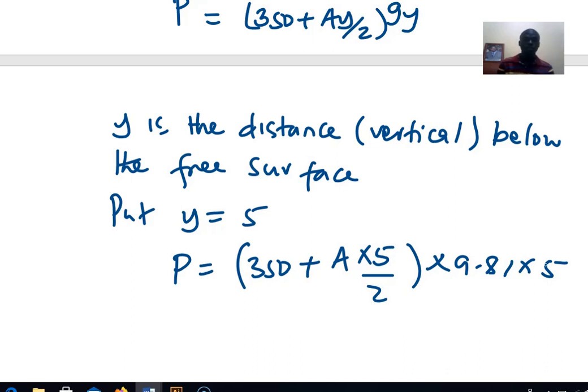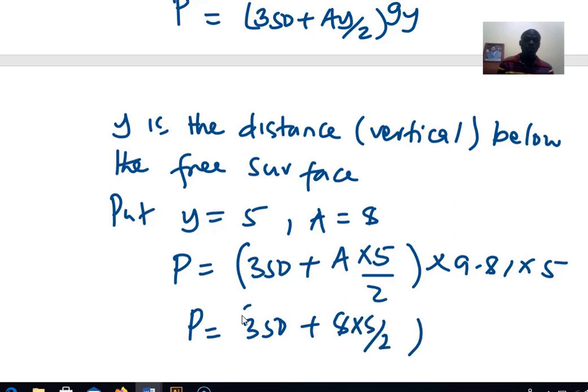A is also given as 8. So P therefore will equal (350 plus 8 times 5 out of 2) times 9.81 times 5.